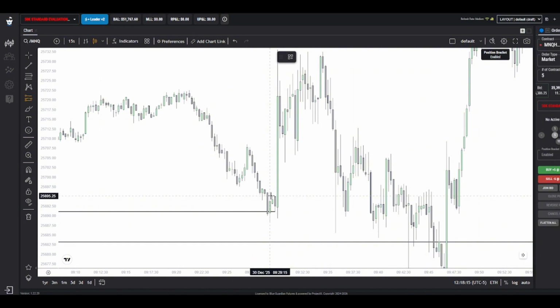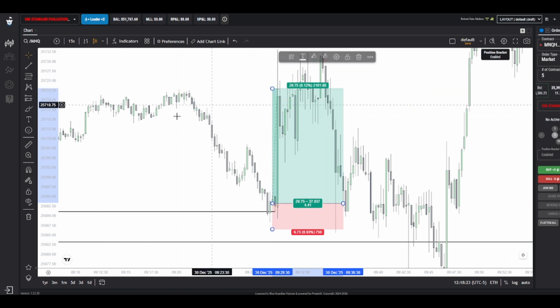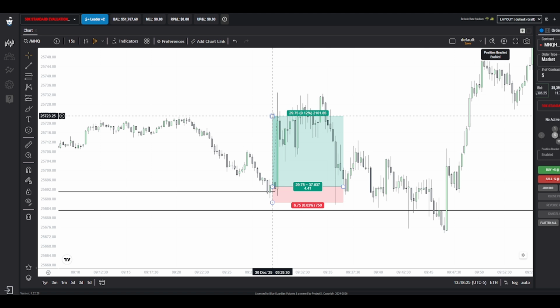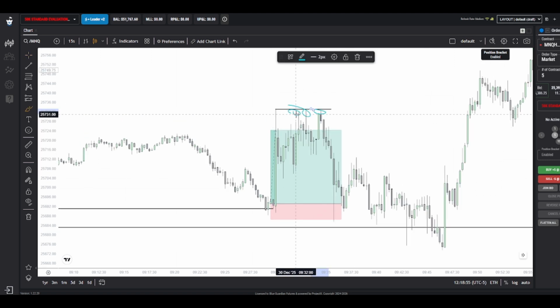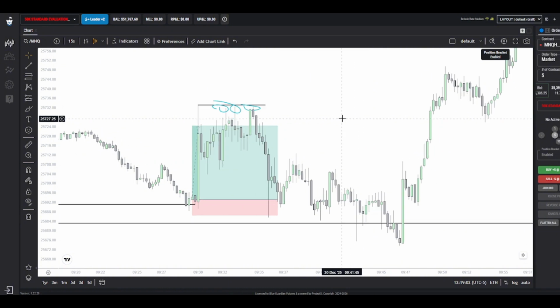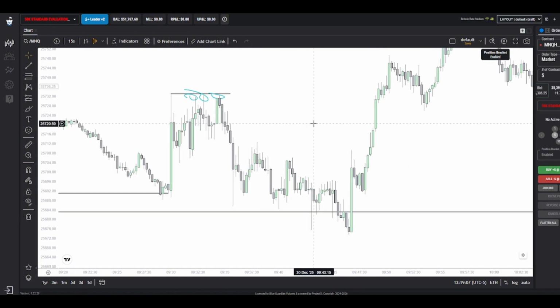So I positioned myself in advance of it, right there. My position was fully closed around here because we were rejecting this every time, so I closed my position right here. Okay, so let's now move on to the next position.